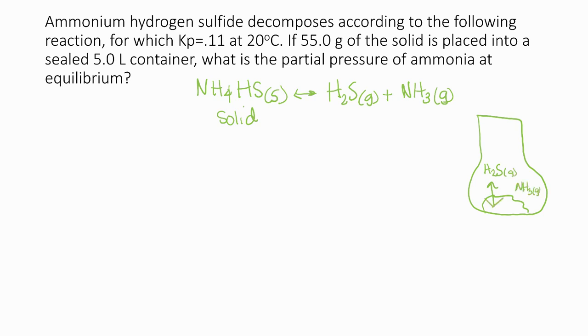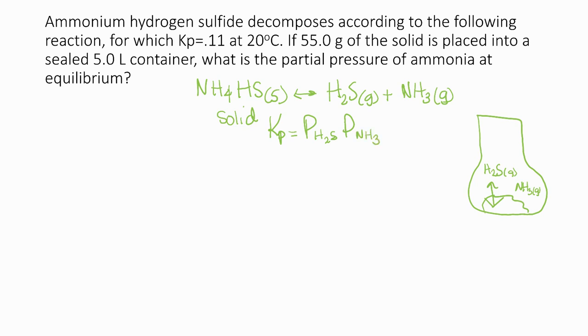The gas is coming back into the solid and they reach equilibrium. So you have the two gases in there. Recall that this is what's called heterogeneous equilibrium, meaning you have the solid with the gas. But our K expression, our Kp, for this is the pressure of hydrogen sulfide times the pressure of ammonia.